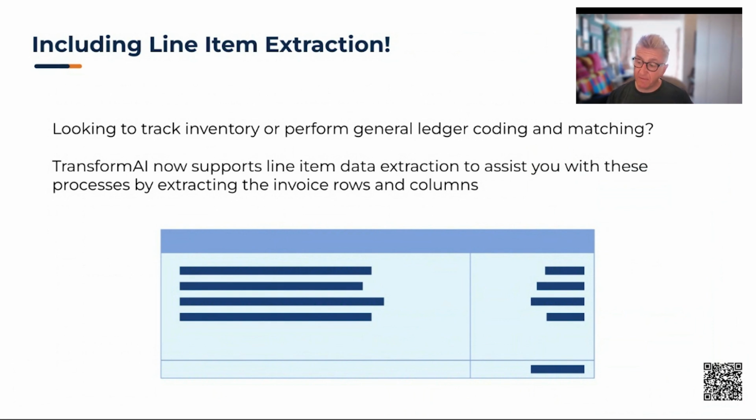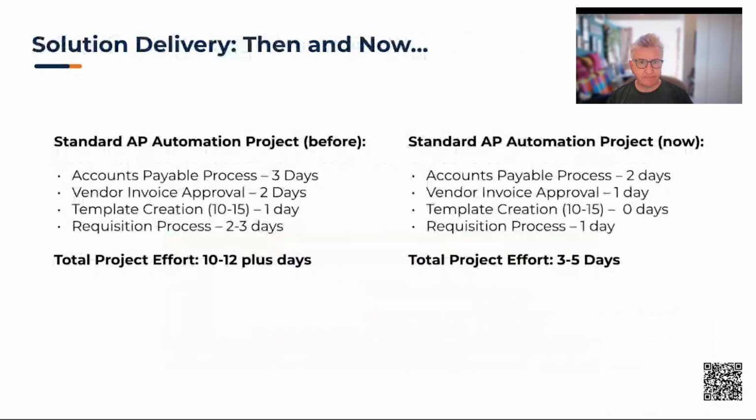But TransformAI for us has been a really strong performer in terms of line item extraction. Again, if you want to see it, understand it, work out why it's better for doing it, then by all means, get hold of us, get a tailored demo, or even access to one of our demo sets so you can play with the thing yourself.